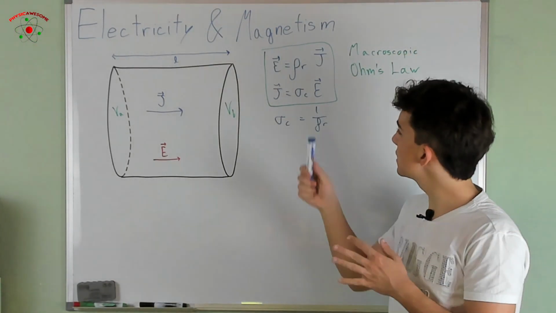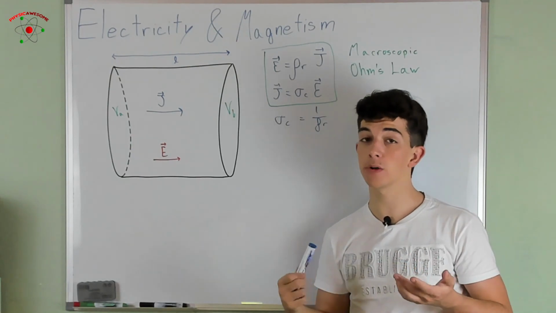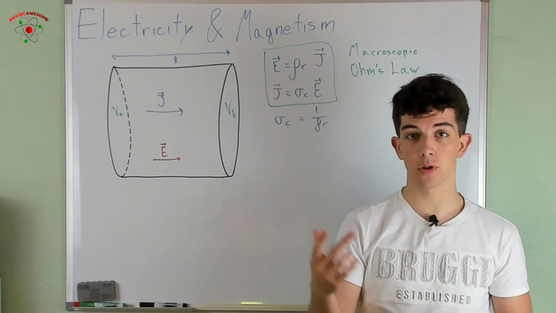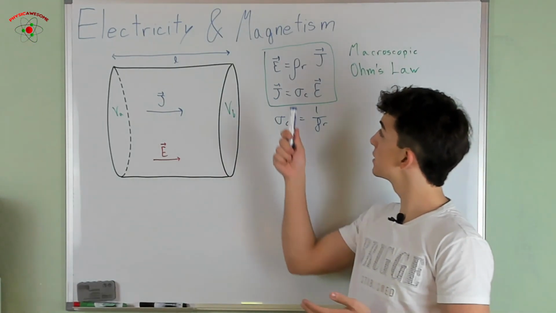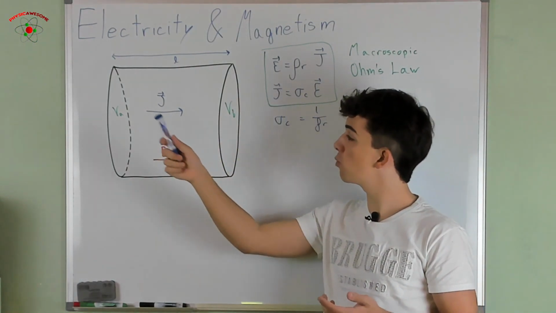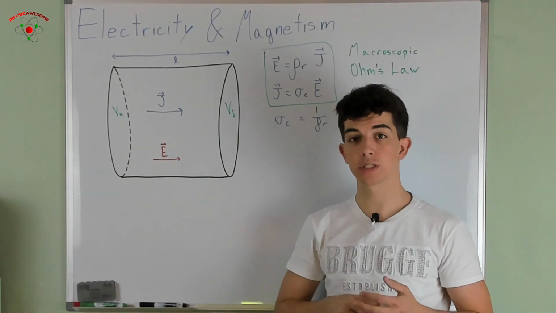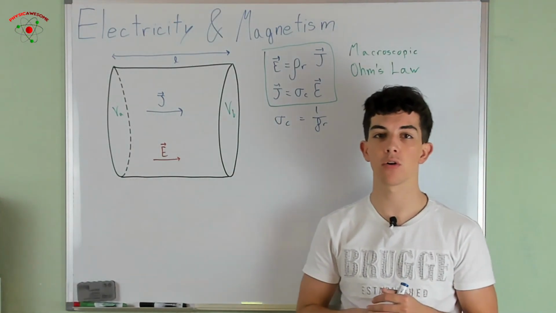However, these expressions aren't really useful when dealing with circuits, as we'll do in our following videos. Therefore, we want to somehow relate these coefficients with the voltage difference and other parameters.